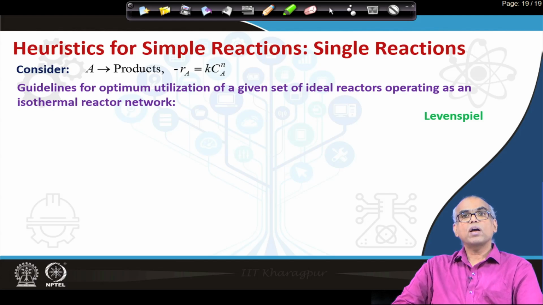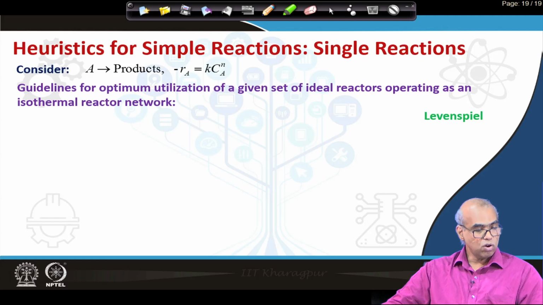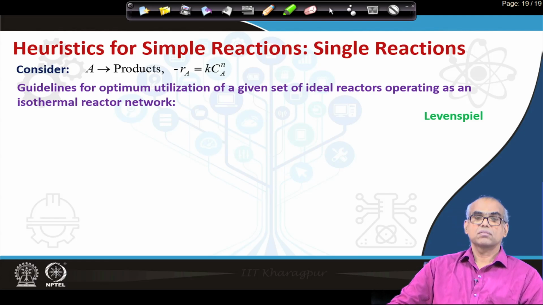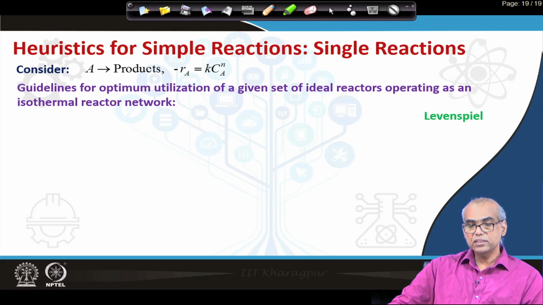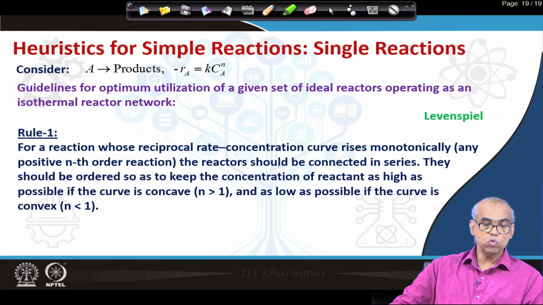Now, we will quickly talk about certain heuristics. Heuristics for simple reactions, single reaction. These heuristics are all taken from Levenspiel. Guidelines for optimum utilization of a given set of ideal reactors operating as an isothermal reactor network. Rule 1.